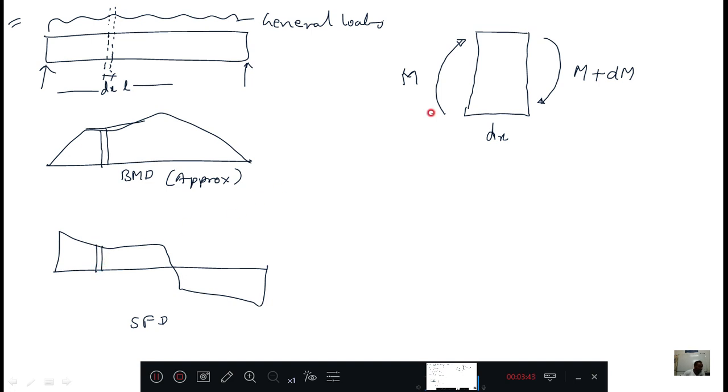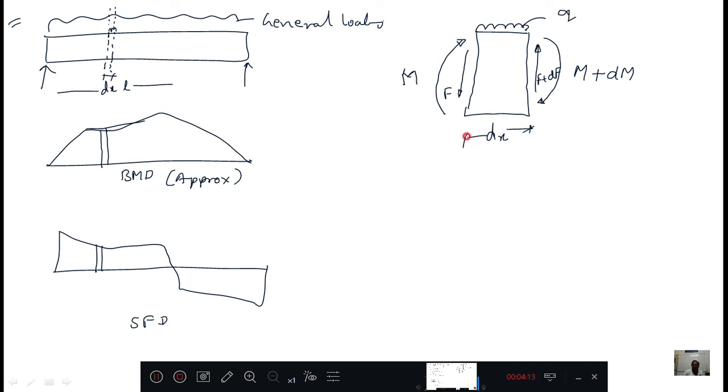That shear force may be F, and a small change in the shear force in the opposite direction will be F plus dF. And we have a load here. This much portion only has a small load. That portion of load I will call a UDL, and that load I will call q. These many forces are acting on this, right? Any doubts here? No doubts.